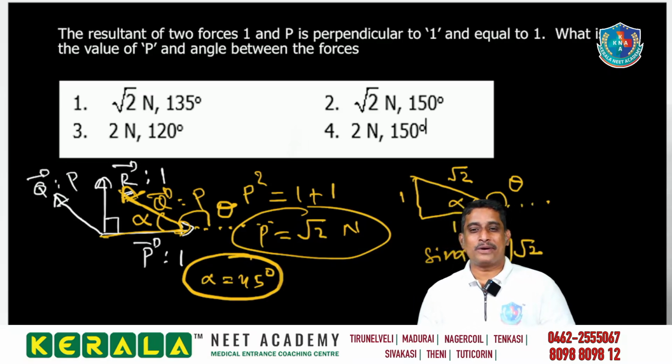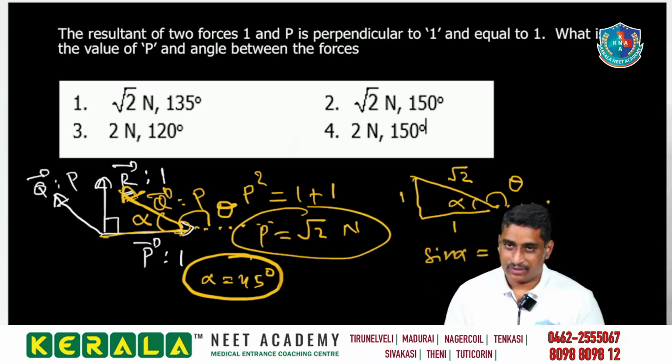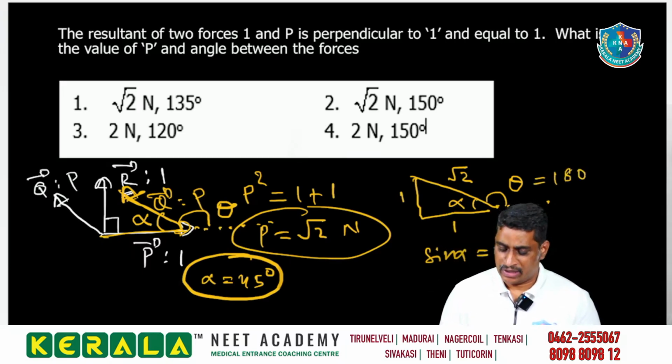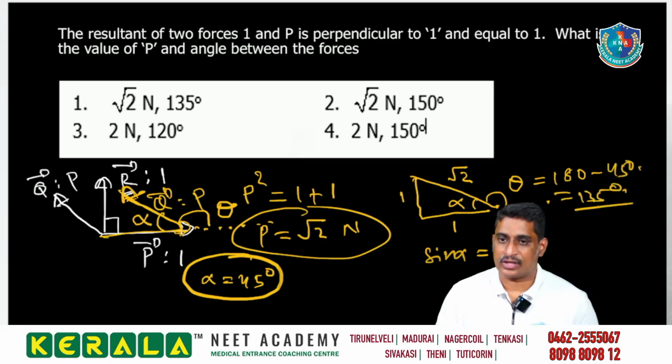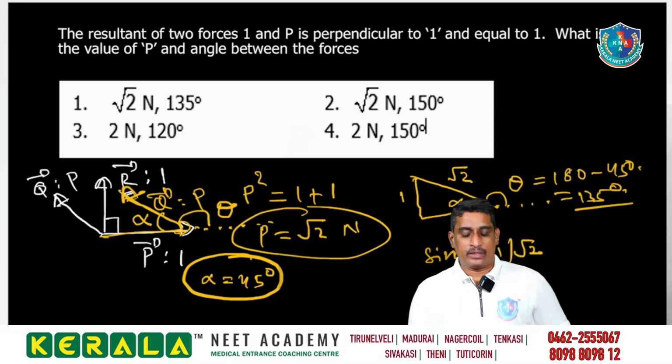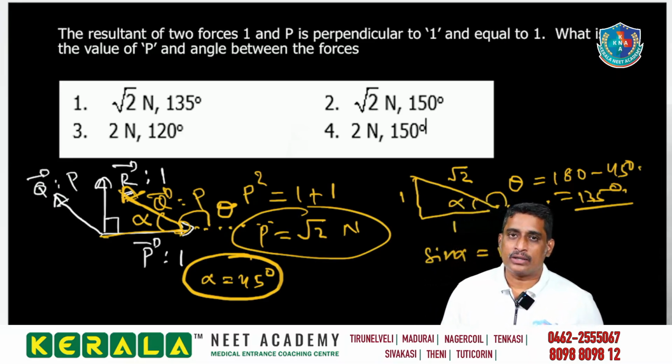The angle between P bar and Q bar is nothing but theta. Theta will be equal to 180 minus 45 degrees. So 135 degrees is the angle between P bar and Q bar in this case. So for this particular question, the first option will become the answer.